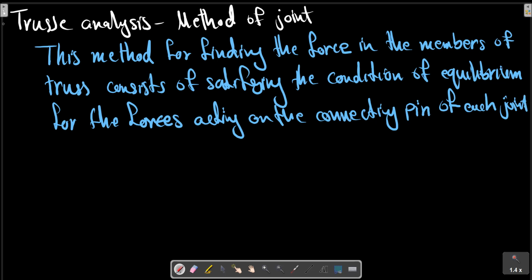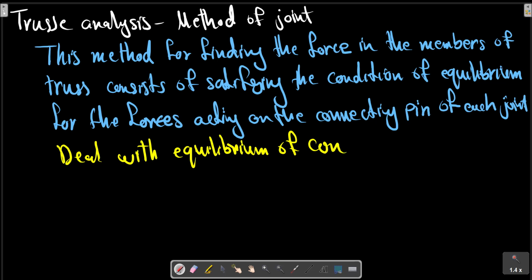The method therefore deals with the equilibrium of concurrent forces, and only the independent equilibrium equations are involved.